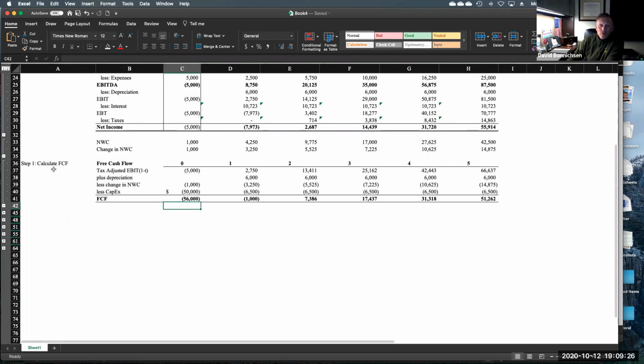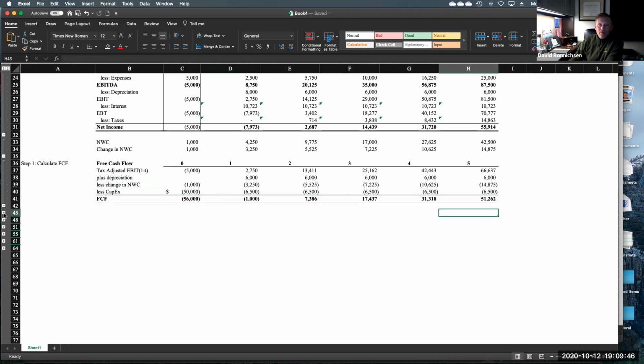Okay. So step 1 is to calculate the free cash flow, which we've done here. Tax adjusted EBIT plus depreciation minus change in net working capital minus CapEx equals free cash flow. And remember, these are all in future dollar form.